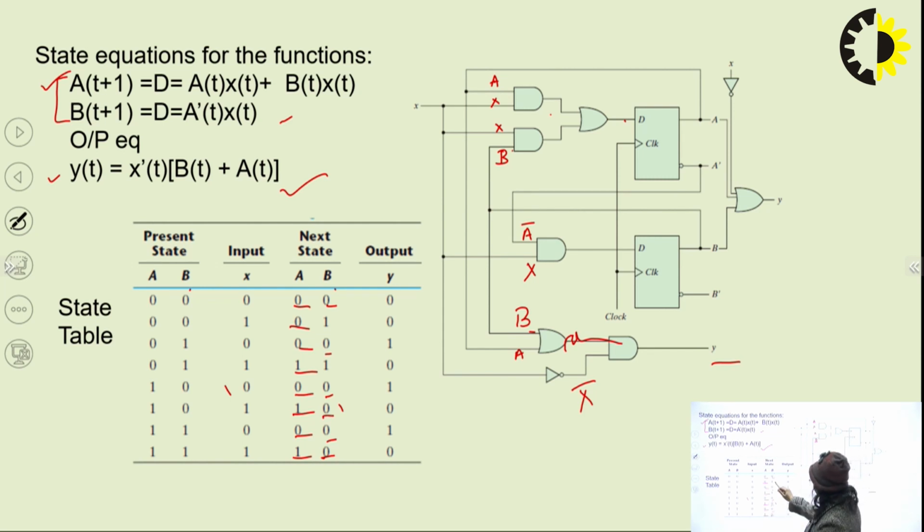And for the output equation, X bar into A(t) plus B(t): when X bar is 0, that is X is 1, output is 0. So, 0, 0, 0, 0. And when X is 0, X bar is 1, then output is A plus B. So, 0 plus 0 is 0, 0 plus 1 is 1, 0 plus 1 is 1, 1 plus 1 is 1.